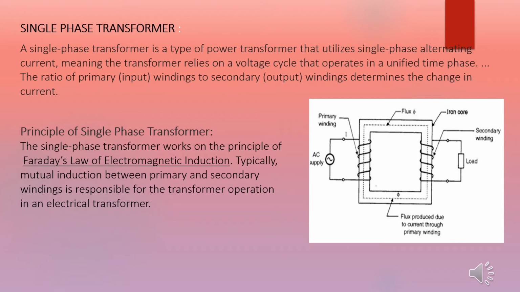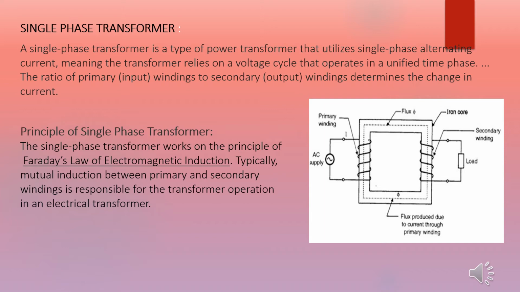A single phase transformer. Let us understand what is a single phase transformer, what is its construction, what is its working, and its applications. A single phase transformer is a type of transformer that utilizes single phase alternating current. That is, the transformer relies on a voltage cycle that operates in a unified time phase.